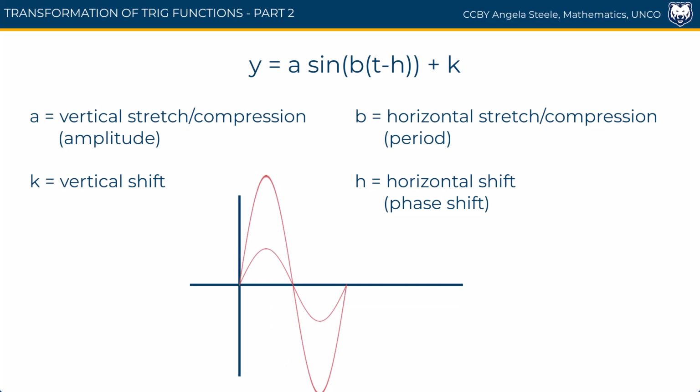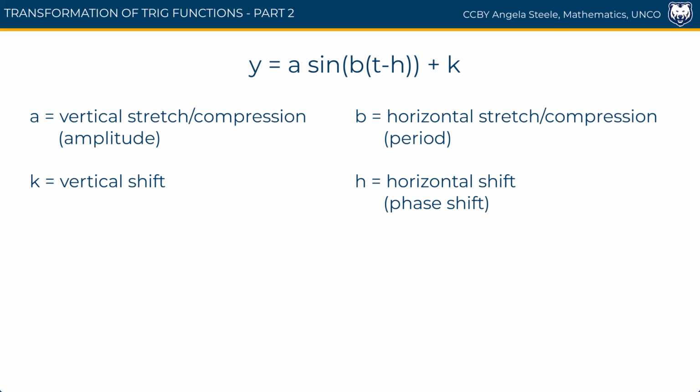Notice the a is multiplied by the function, the b is multiplied by the input. For the h and k, both of those are either added or subtracted, so that gives us a shift. Outside the function gives us the vertical shift, inside the function gives us the horizontal shift.